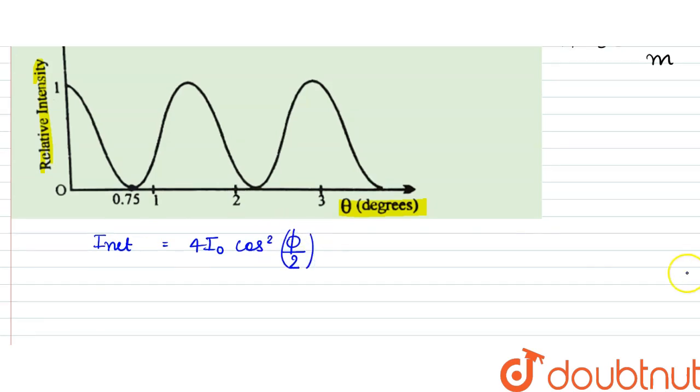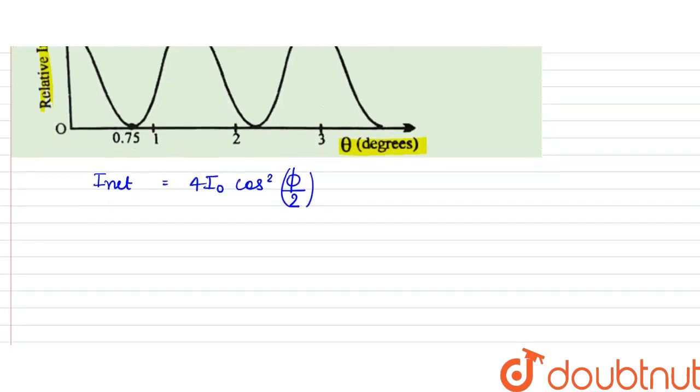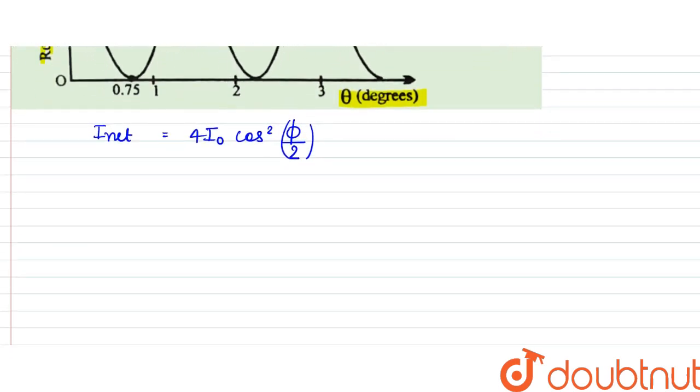So now here phi is the phase difference, since theta is the deflection. So what we can write is I net by 4 I naught would be equal to cos square phi by 2.